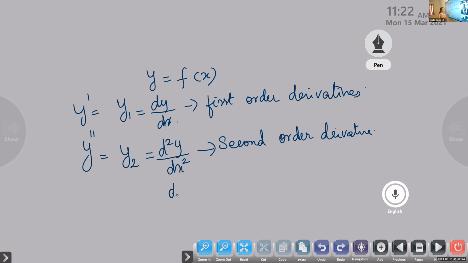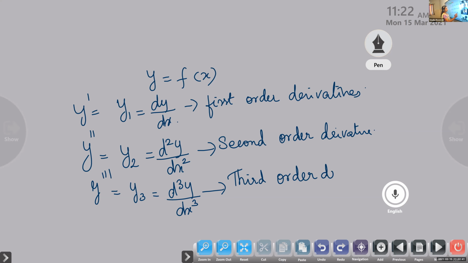So what is meant by d cube y by dx cube? This is the third order derivative, isn't it? Third order means we are differentiating three times.